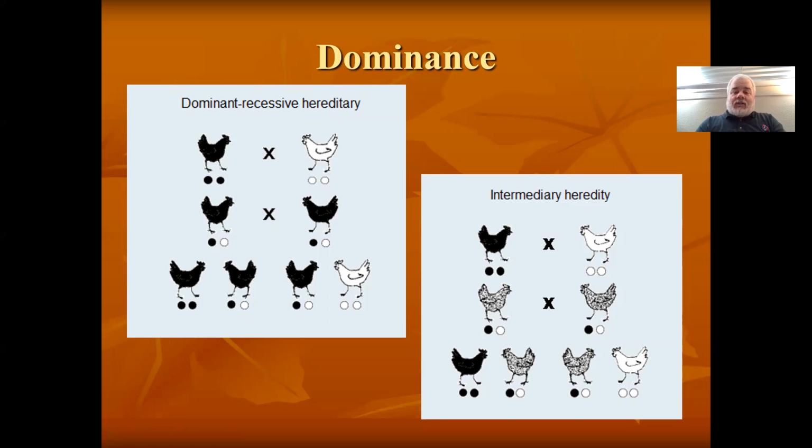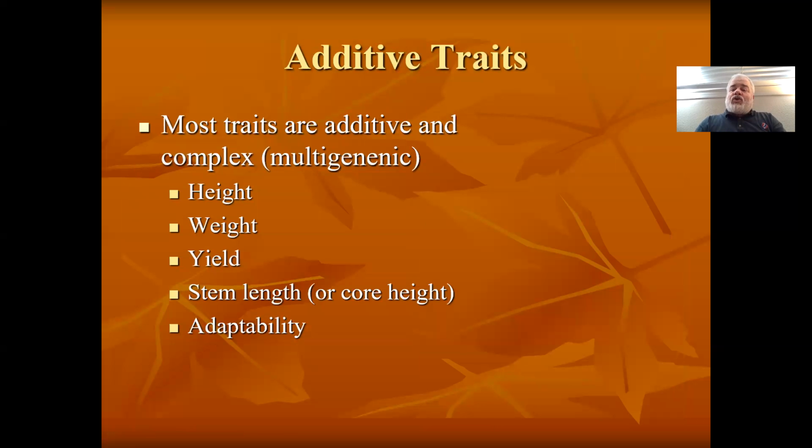Okay, that's dominance. But most traits aren't the simple black and white as we saw in the last one. Most traits are complicated. We call those additive traits. So things like your height, your weight, the shape of your skull, the length of your arm, the color of your skin, on and on and on. There's all kinds of variation, all kinds of range.